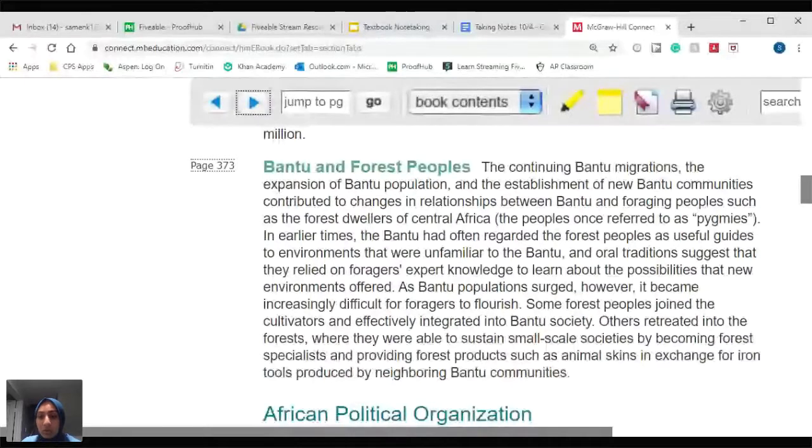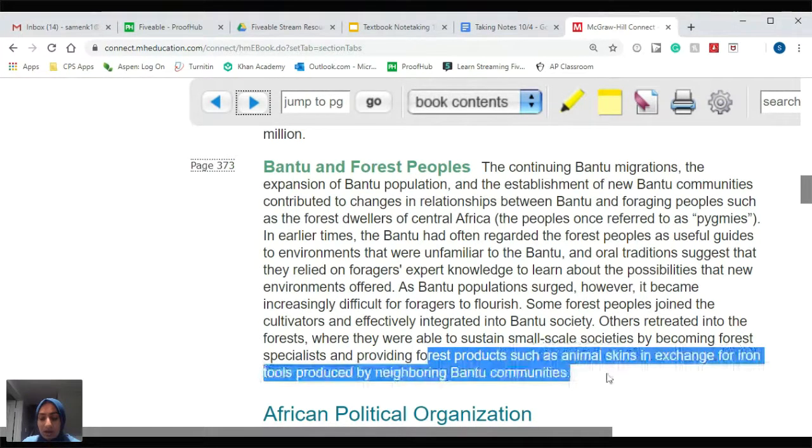And oral traditions suggest that they relied on foragers' expert knowledge to learn about the possibilities that new environments offered. As Bantu populations surged, however, it became increasingly difficult for foragers to flourish. Some forest peoples joined the cultivators and effectively integrated into Bantu society. Others retreated into the forest, where they were able to sustain small-scale societies by becoming forest specialists and providing forest products such as animal skins in exchange for iron tools.